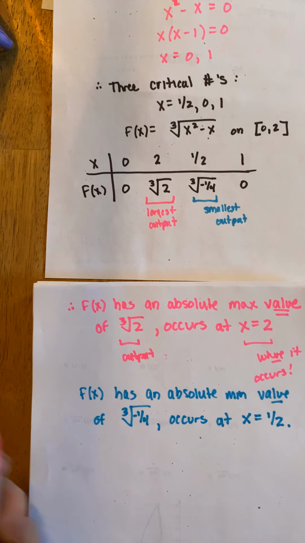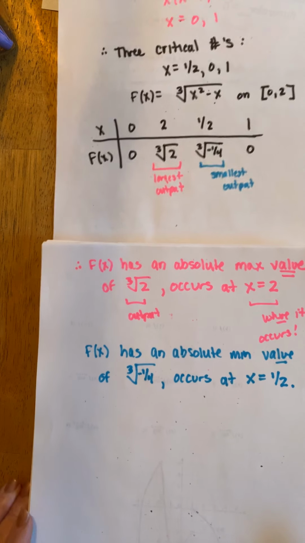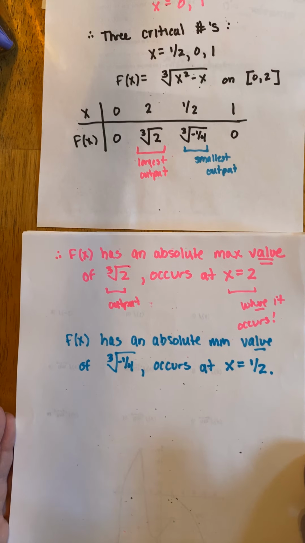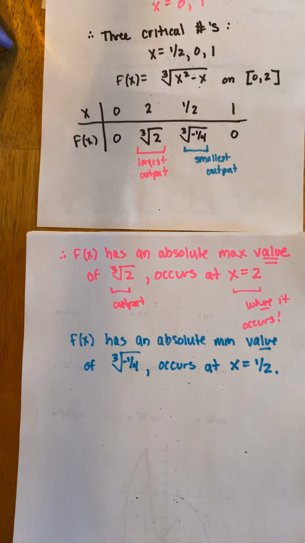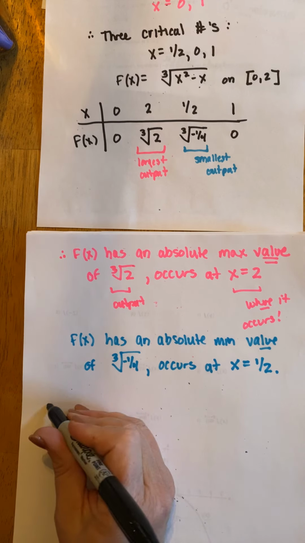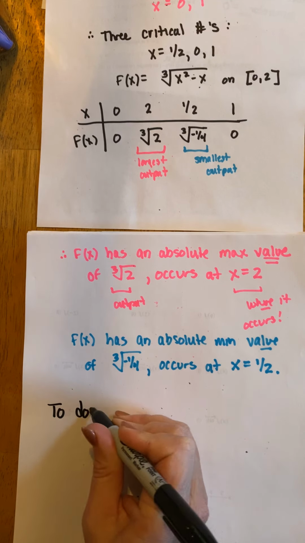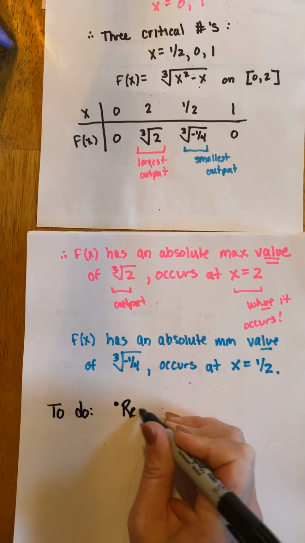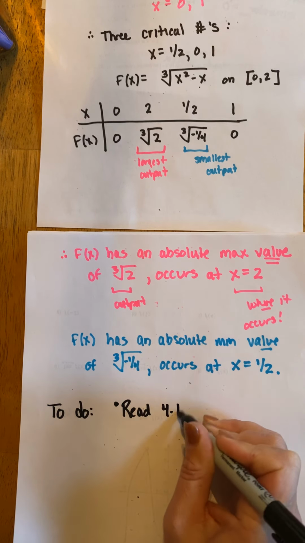Right, so that should get you started. Be sure to remember to watch the videos associated with the questions. Make sure you're reading these sections in the textbook too. You have to work hard on your end. The to-do for this section: please read 4.1 in the text.